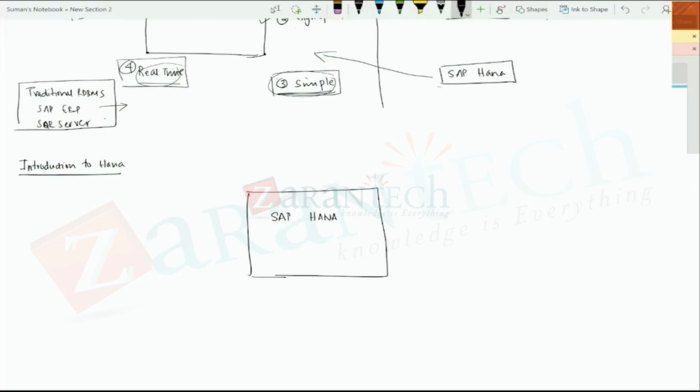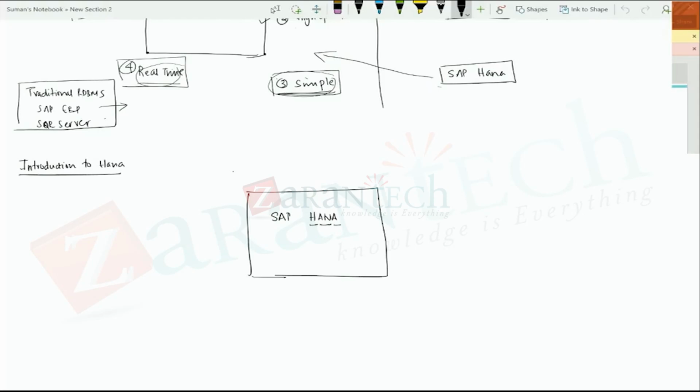To start with, everybody knows that SAP HANA stands for High Performance Analytical Appliance. This is the product that has been released by SAP to solve the challenges that we faced in the common organization. SAP came up with this particular product to solve those issues. Now, what is this technology? What is SAP HANA?